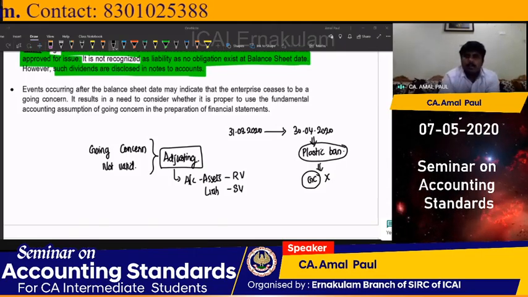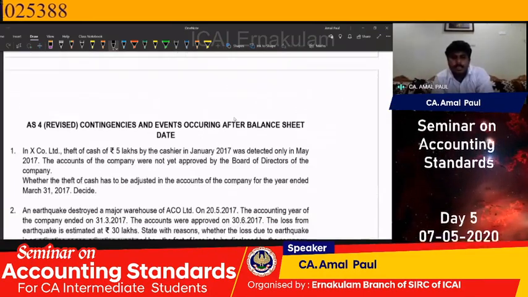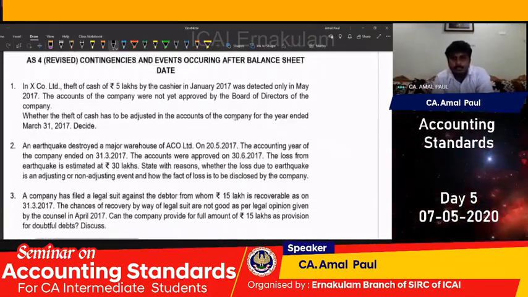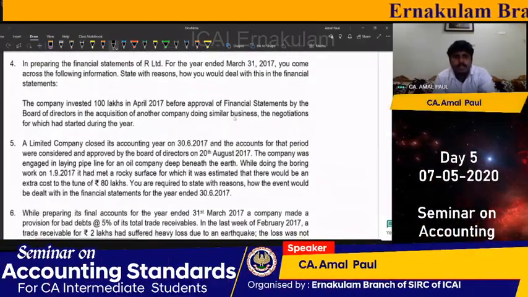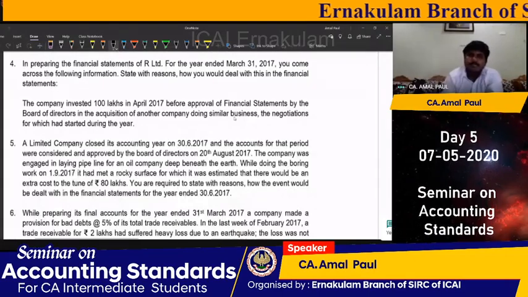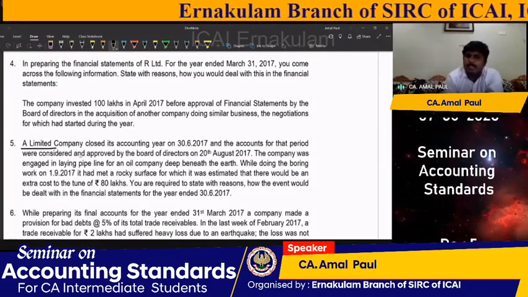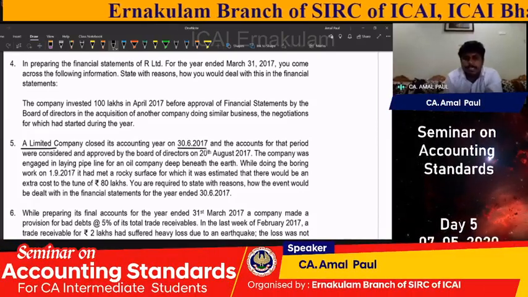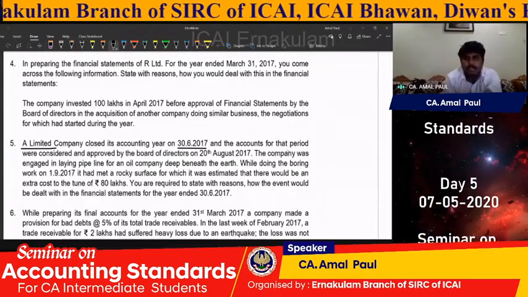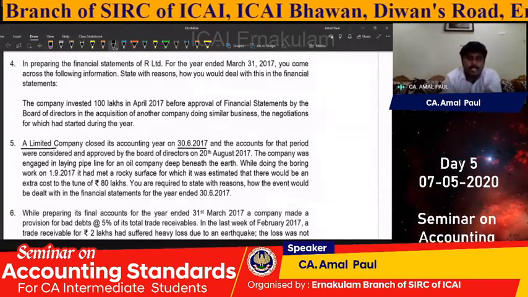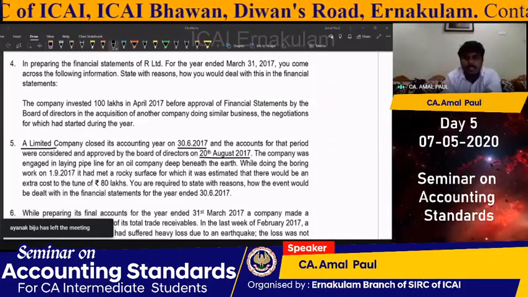So what we will do is some problems on this so that you'll be comfortable. The first one, we'll take question number 5. A Limited closes its books on 30/6/2017. Their balance sheet date is 30/6/2017. The accounts for the period were considered and approved by the Board of Directors on 20th August 2017.